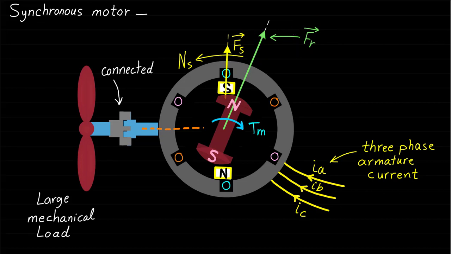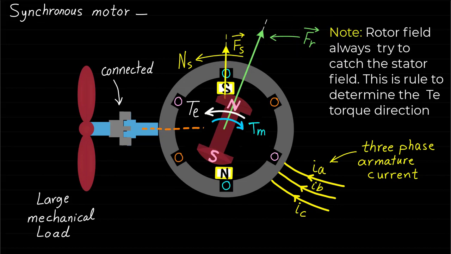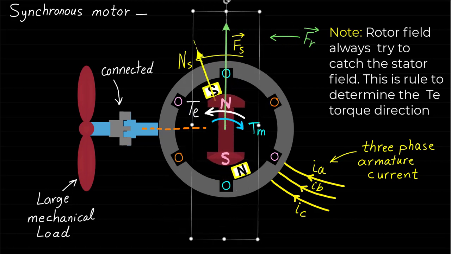Under this condition, the machine will produce electromagnetic torque Te acting on the rotor in this direction and trying to avoid further misalignment between the two rotating magnetic fields. Note that the torque Te is generated from the fact that the rotor and stator rotating fields attract each other and the two magnets are trying to be aligned. Therefore, the stator and rotor rotating magnetic fields will still be rotating at the same speed Ns.